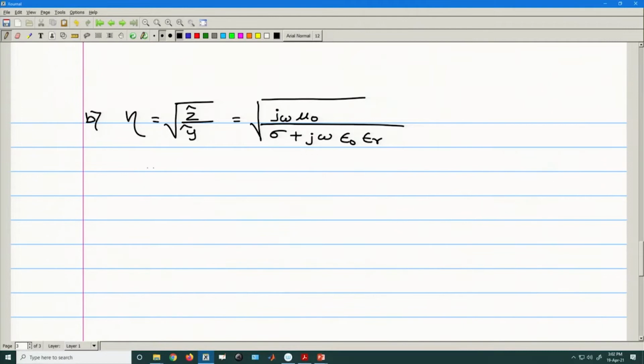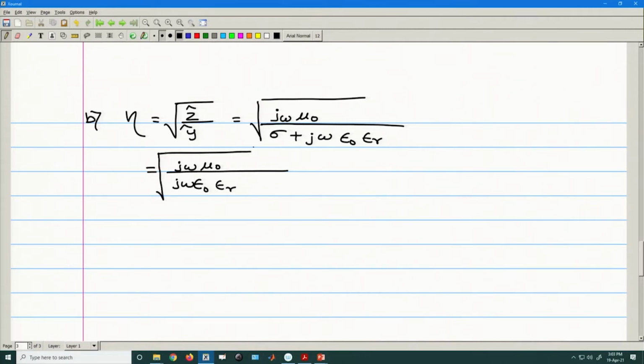Now again sigma in this case will be 0, so we have j omega mu naught by j omega epsilon naught epsilon r.